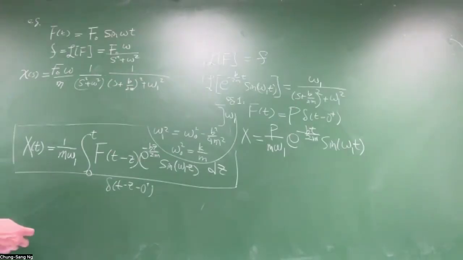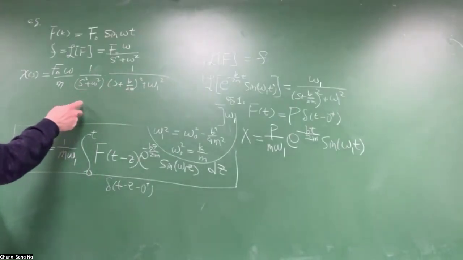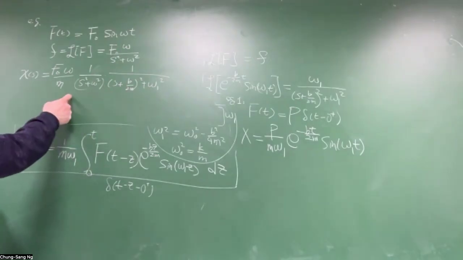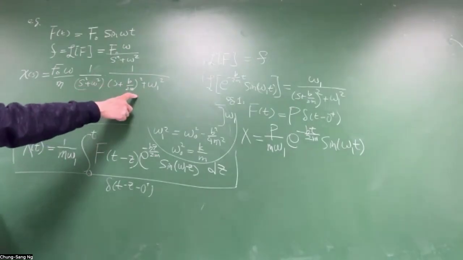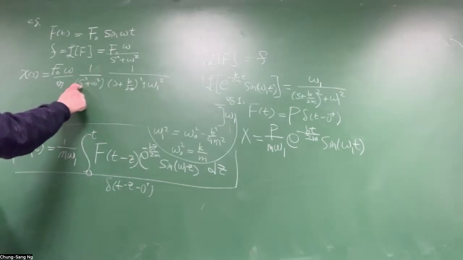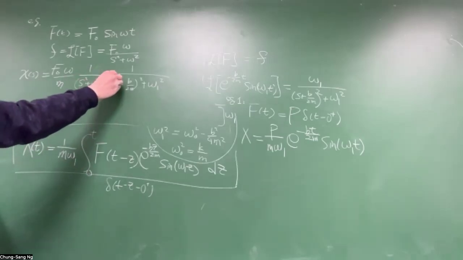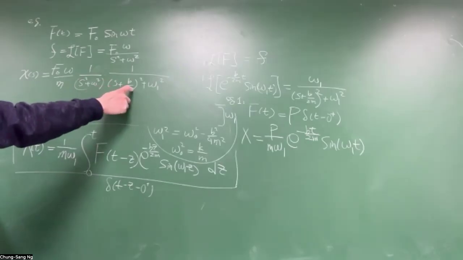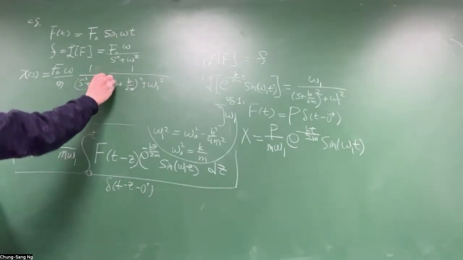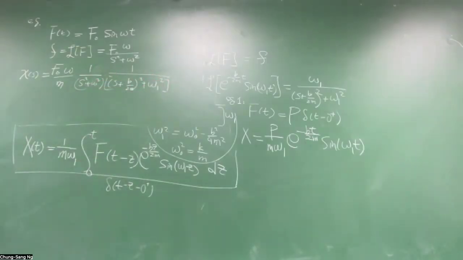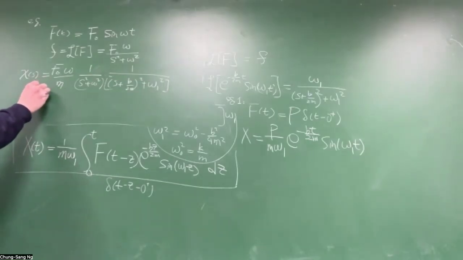And then the way to do it is to get the partial fraction. So your two factors are 1 over something involving s squared, or s plus something squared. You can do a partial fraction and get two terms.